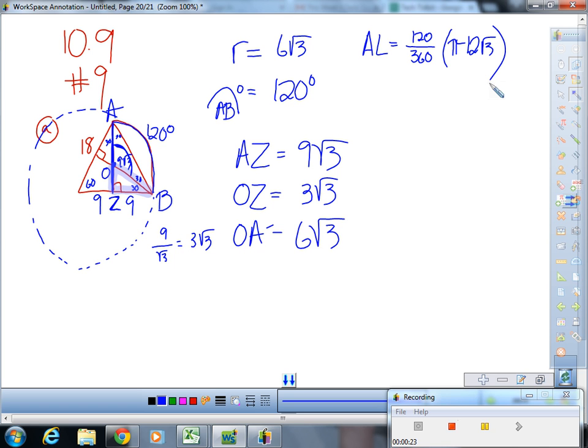Do they want us to estimate this? Nope. They want us to simplify it. So, that's a third, and a third of 12 is 4, so you get 4 pi radical 3. And that is the answer.